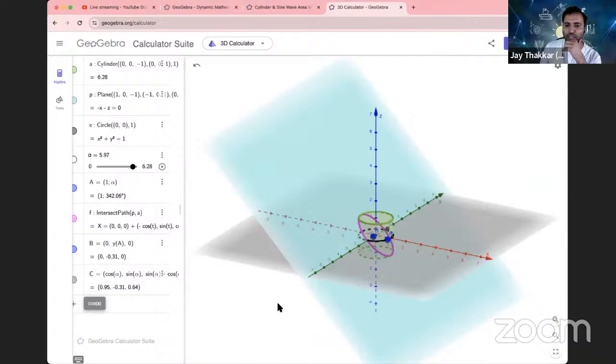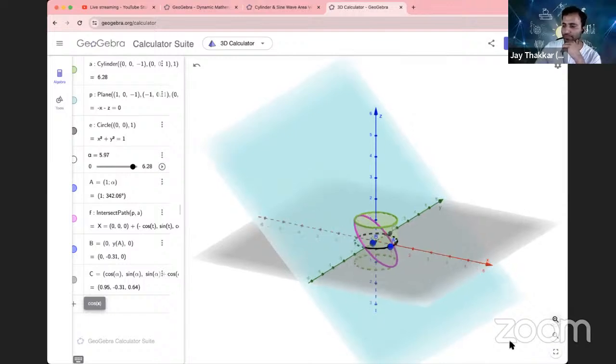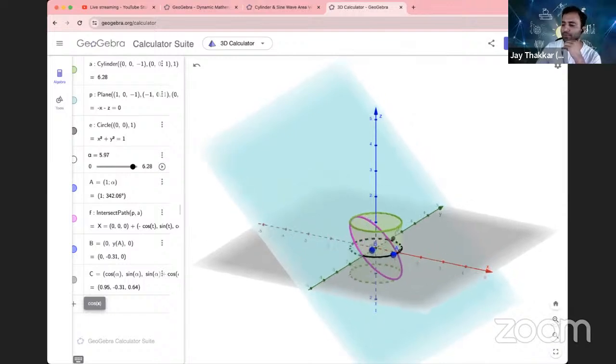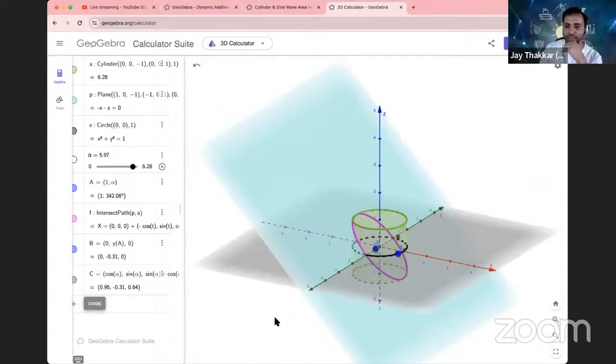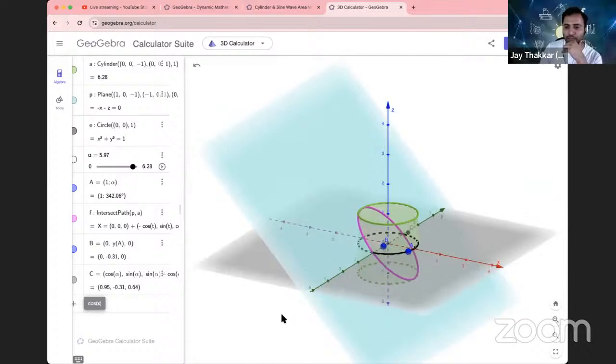So what I want is, if I take a point on this particular ellipse, which I would call P, then this PAB will make a triangle.